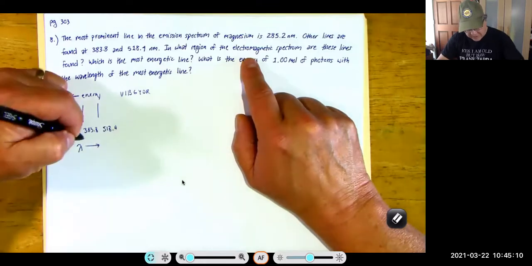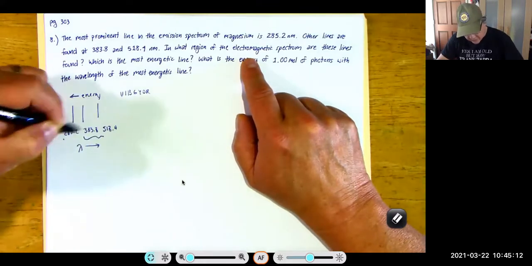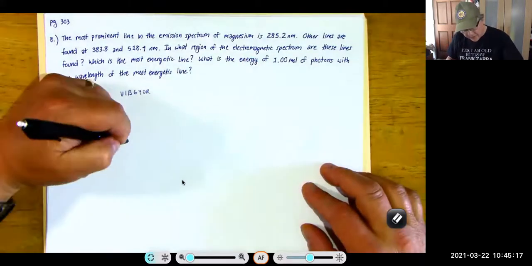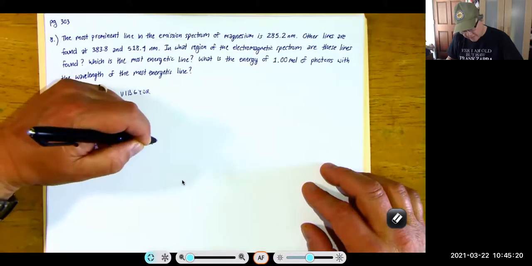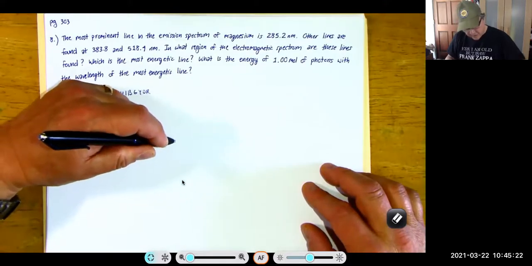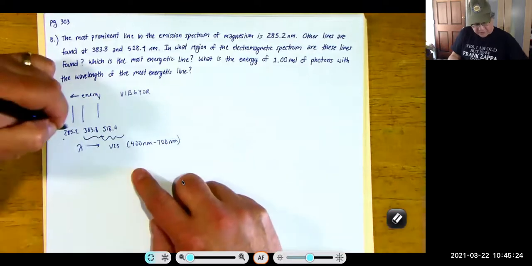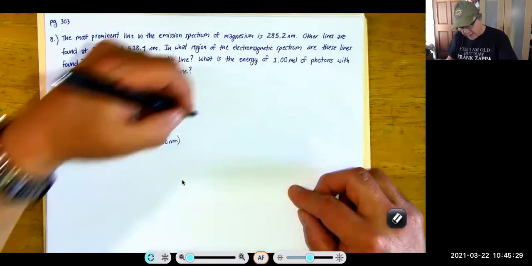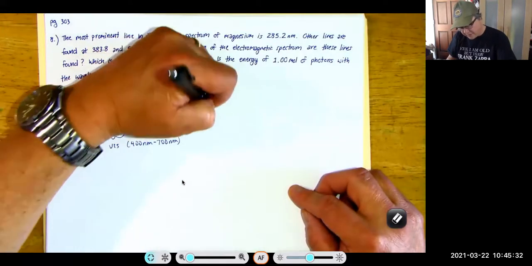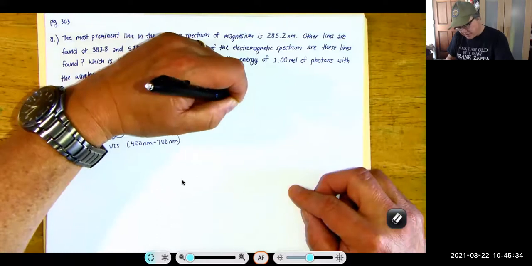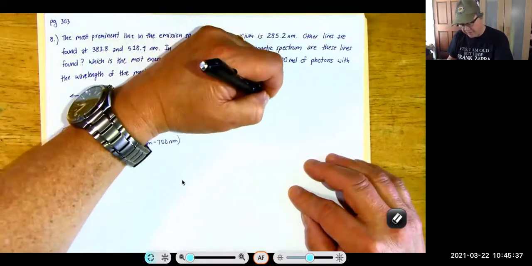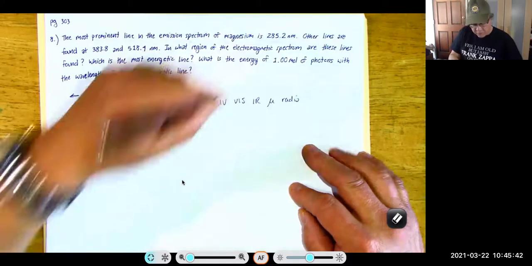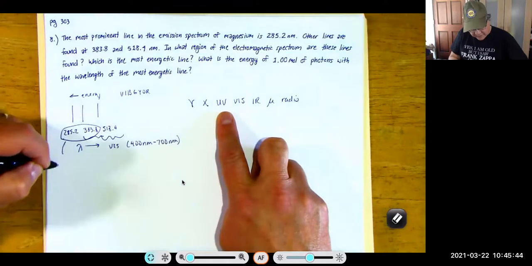I would say that 518 is in the visible, because remember, visible is basically 400 nanometers to about 700 nanometers. These two are to the left of visible light, and it goes gamma, X, UV, vis, IR, microwaves. Here's the symbol for microwave, and then radio. So these are ultraviolet.